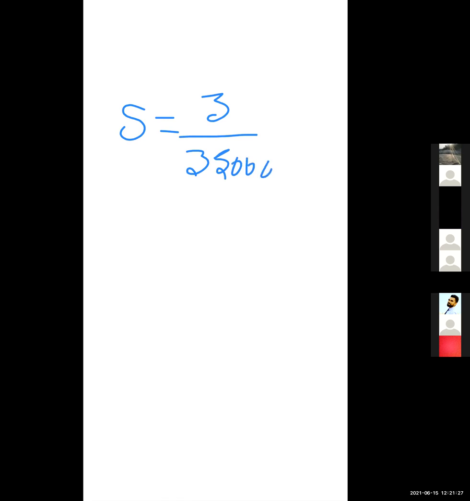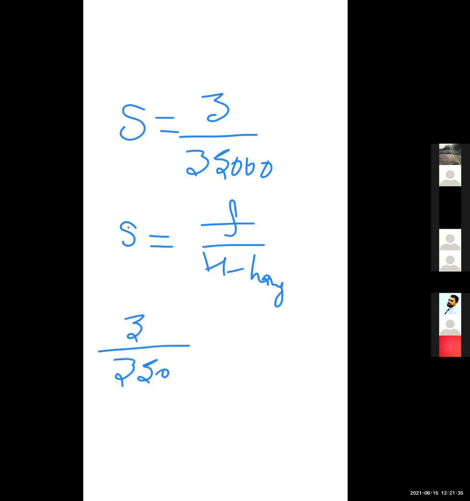So 3 by 35,000 equals F, which is 22.5 centimeter into 10 to the power minus 2 meter, divided by H minus H average. H we have to find, and H average is 300 meter.